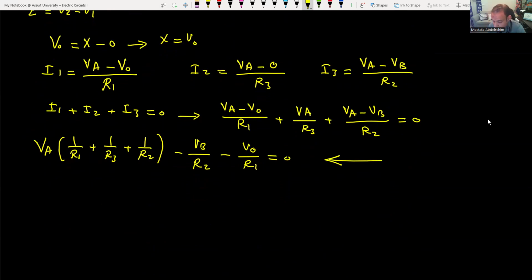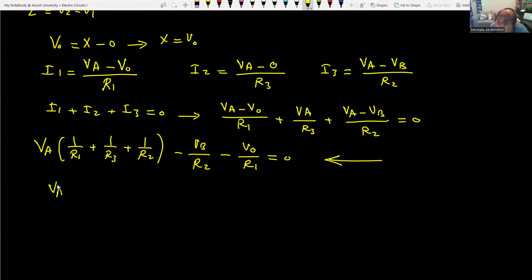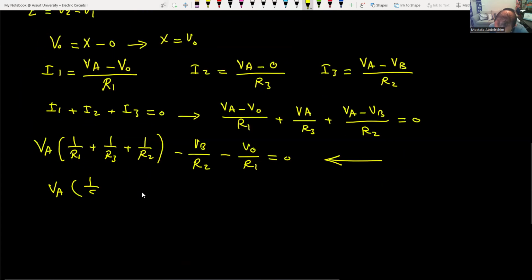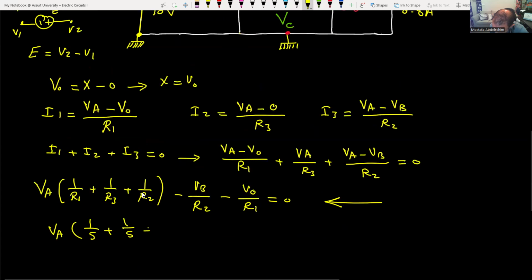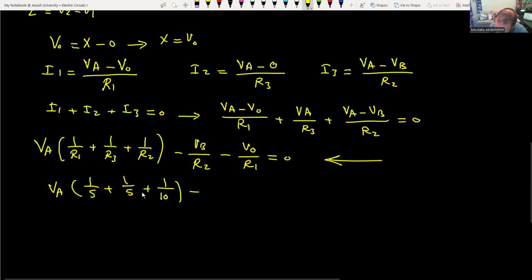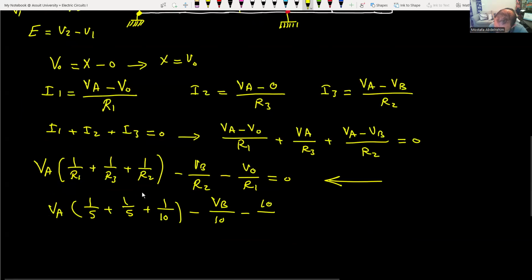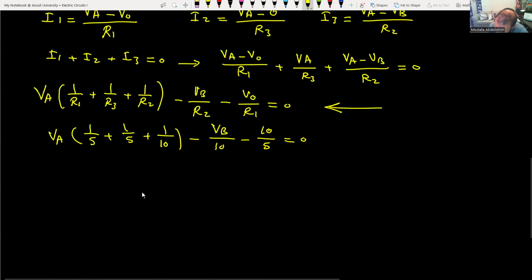Let's now substitute and write this in a cleaner way. VA is unknown, R1 is 5, so 1 over 5, R3 is 5 again, R2 is 10. VB is unknown, R2 is 10, V naught is 10 volts, and R1 is 5, equal to 0.